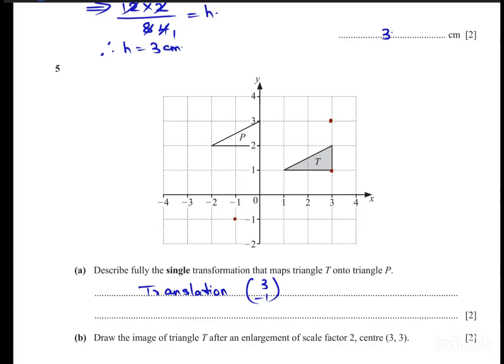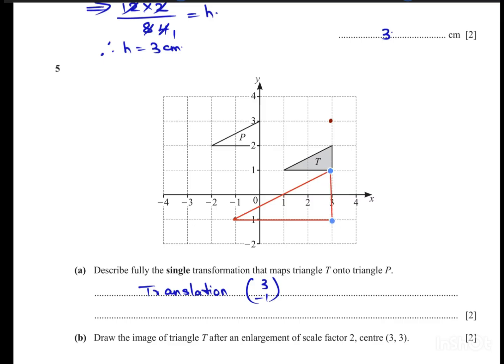Now looking at these two vertices, you can mark the third vertex easily, because this vertex is one box down, so our vertex in the enlarged shape will be two boxes down from here. Now connect these vertices. That's it.